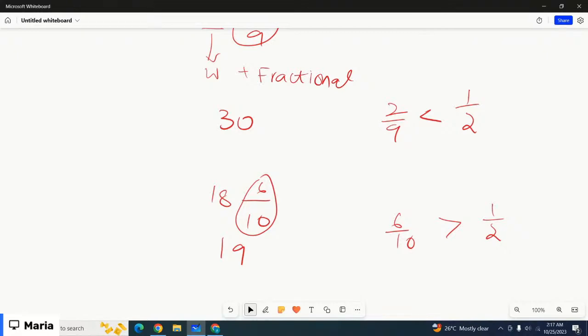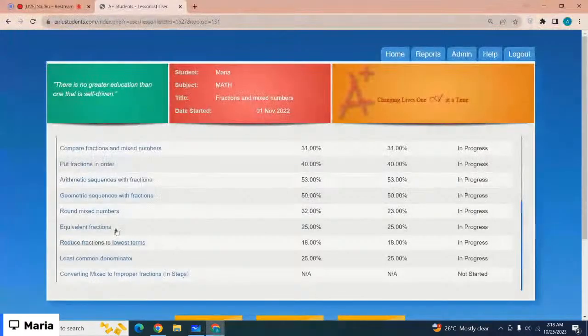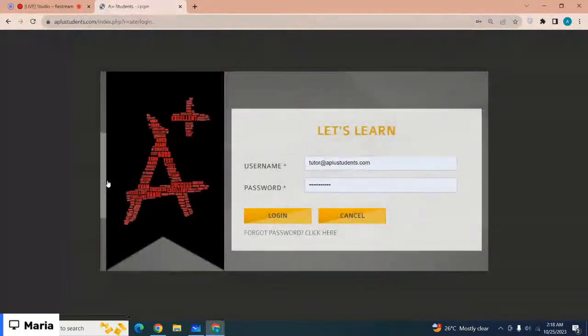Okay, then next, let's just start with the practice questions. We're going to start with the first lesson, that is arithmetic sequences with fractions. So let's just start with the lesson.